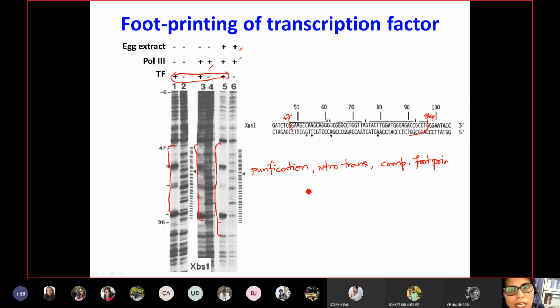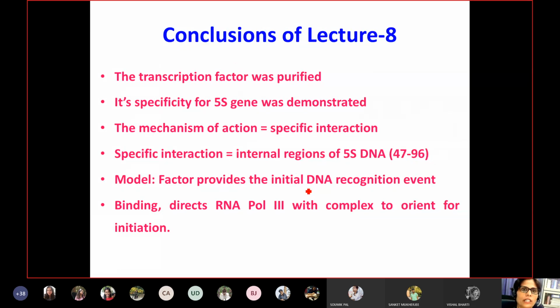That means the mechanism of how this transcription factor is working, and this is what they could figure out. So with this, what they conclude in this whole paper is that they were able to purify the transcription factor, and this transcription factor is specific only for the 5S gene. That was demonstrated.